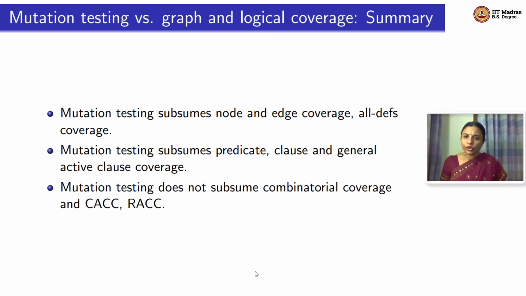We also argued just now how mutation testing subsumes predicate coverage, clause coverage, and general active clause coverage. We cannot argue, and it doesn't make sense to say, that mutation testing subsumes other logical coverage criteria. Similarly for the other graph coverage criteria. So we don't consider them as being subsumed.